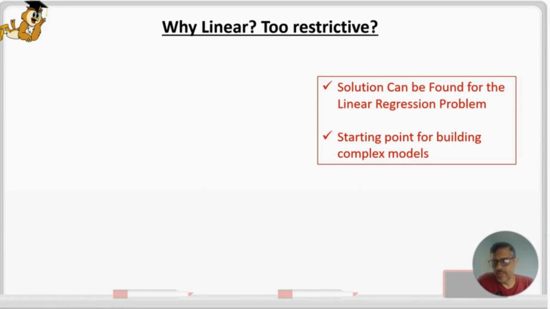You want to begin by dealing with problems whose solution you can find, because that then becomes a starting point for you to start building more and more complex models. So the fact that a nice, elegant solution can be found for a linear regression problem is an important factor for studying this category of problems. And then, of course, you build on it, like I said. But there is more.